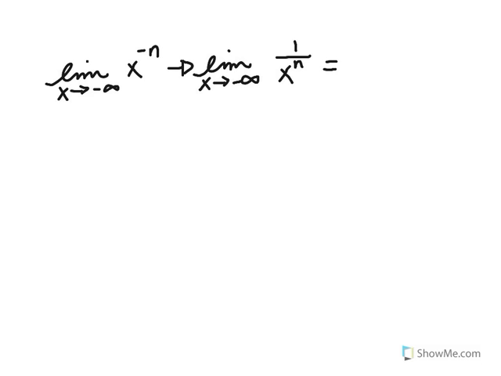Regardless of what happens, take for example, let's say x is 2. And it's approaching negative infinity, so we'll make it negative 2. And it's 1 over that, being raised to an nth power.